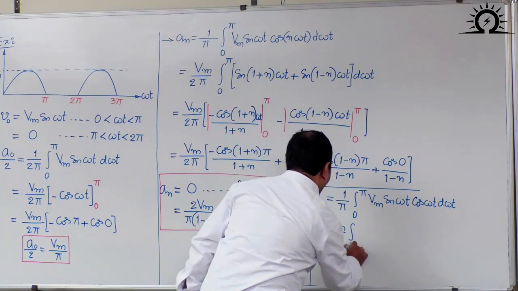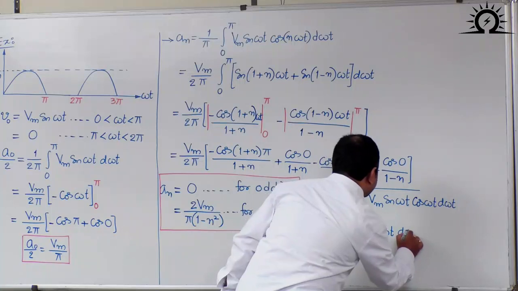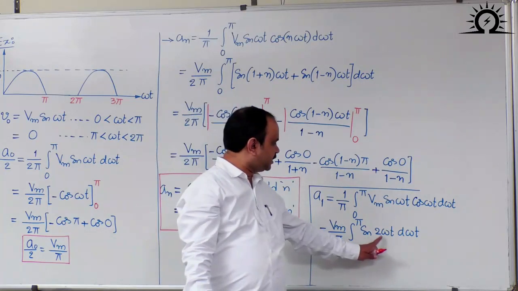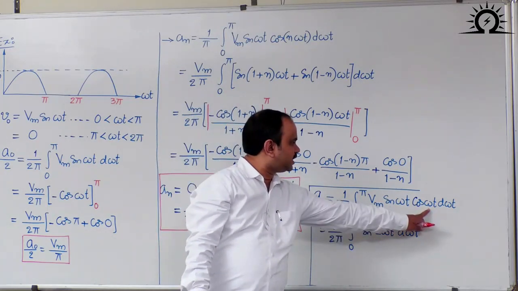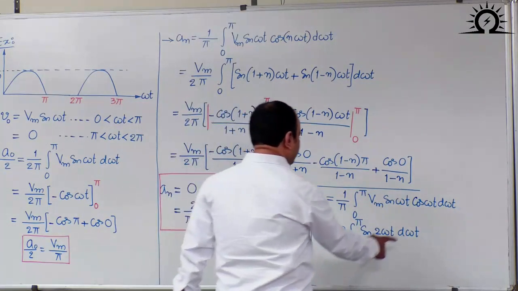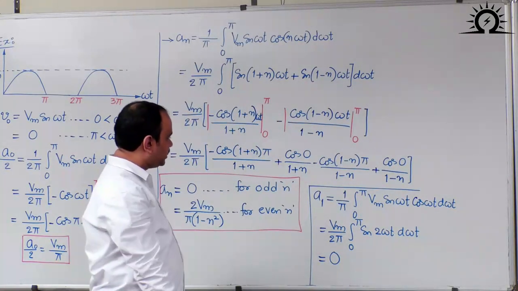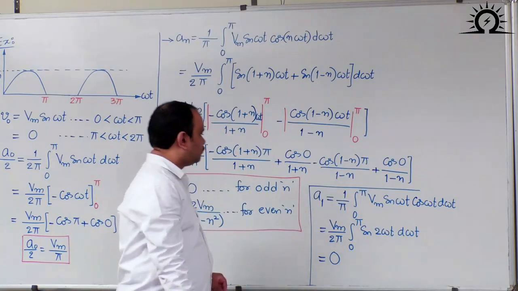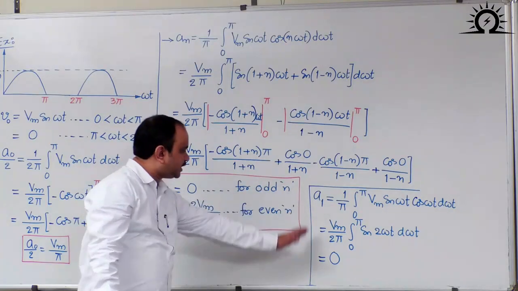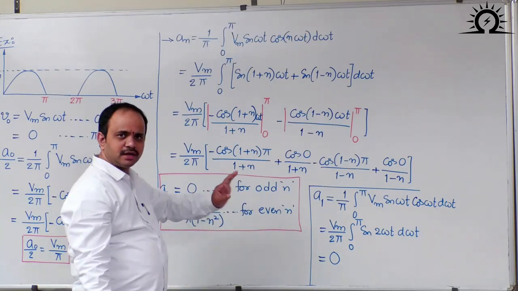Vm divided by 2 pi integration from 0 to pi sin 2 omega t d omega t. Why? Sin 2a is equal to 2 sin a cos a, and as 2 is not there, I just wrote it in the denominator. If you evaluate this integration, you will get 0. What do you mean by that? We calculated the a1 value and cross verified whether it is 0 or not. As we got 0, there is no contradiction in this particular conclusion.